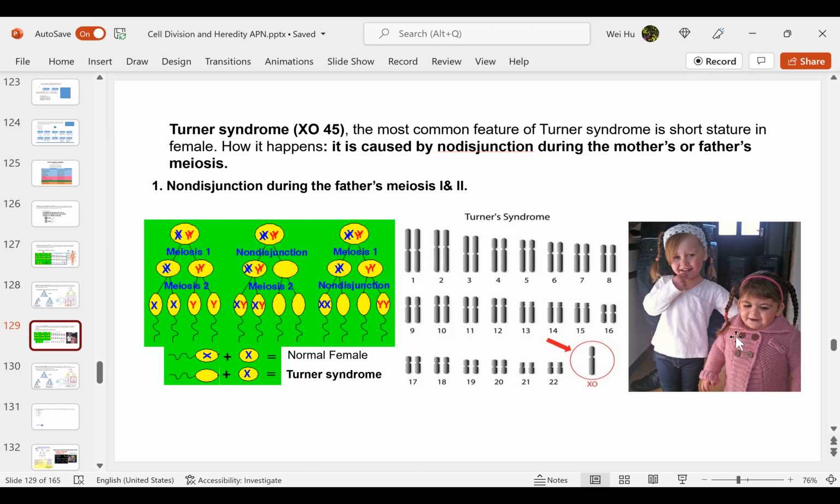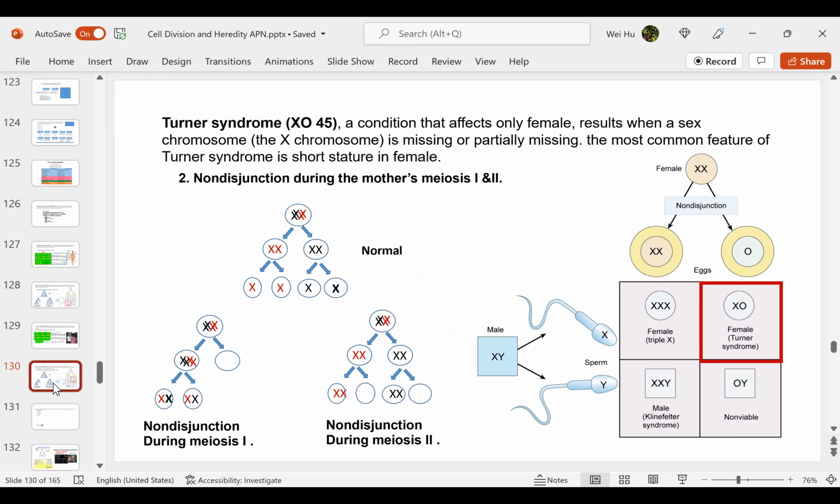This is a woman, but very short. It can also happen in the mother's non-disjunction in meiosis, the same thing. If the egg has no sex chromosome, then when it meets a sperm, they get Turner syndrome. Again, they only have 45 chromosomes.